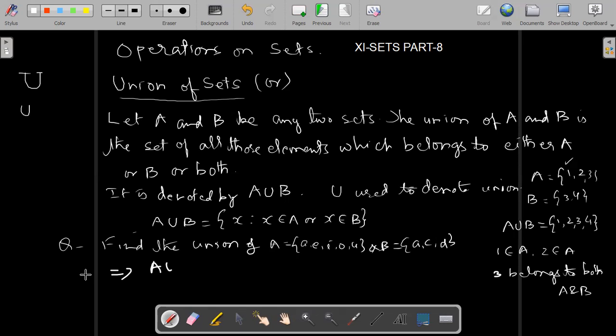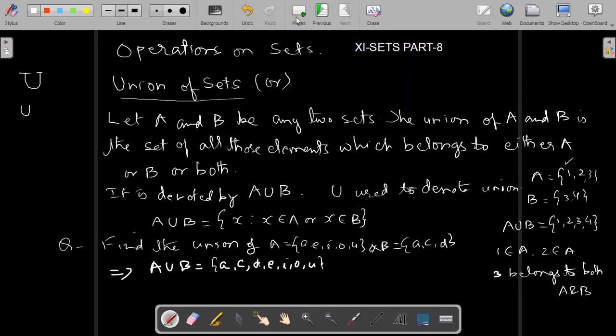A union B is equal to all the elements together. A, then A is already there, C is there, D is there, E is there, then I O U. Okay. So this is the union. So in union we are just adding the two sets.